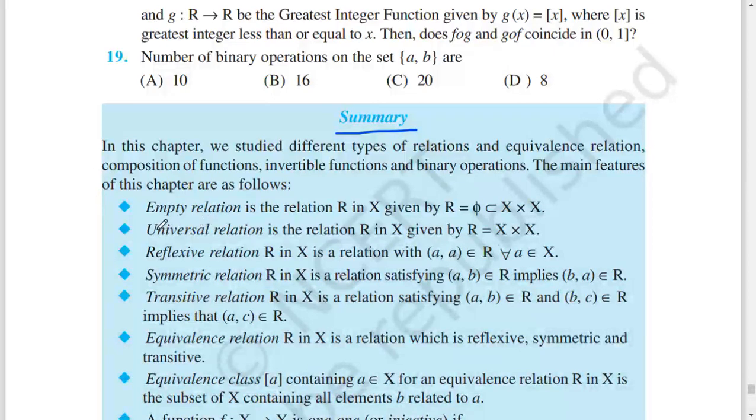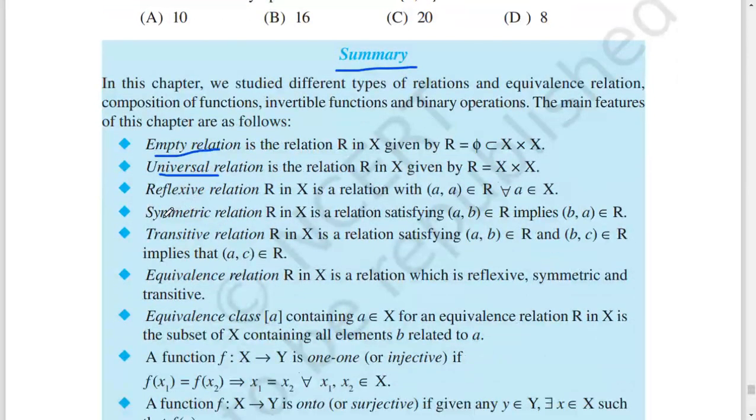Empty relation: the relation R in X given by R = ∅ ⊂ X × X. Universal relation: the relation R in X given by R = X × X. Reflexive relation: R in X is a relation with (a, a) ∈ R for all a ∈ X. Symmetric relation: R in X is a relation satisfying (a, b) ∈ R implies (b, a) ∈ R.